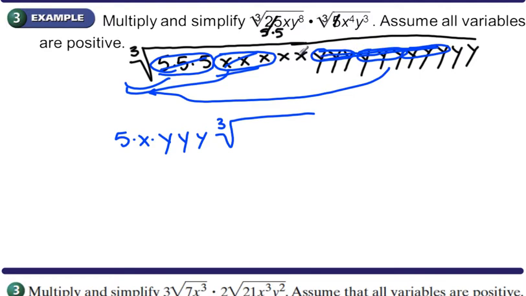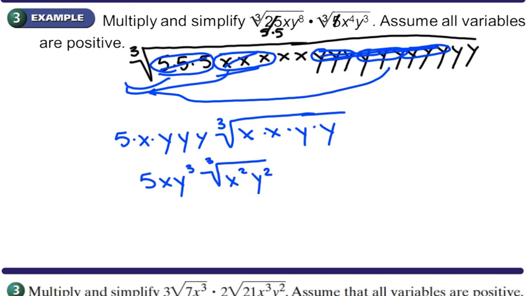So now we have x times x times y times y. All right, so on the outside, 5xy cubed, and then the cubic root of x squared, y squared. And that is your answer. There's nothing else you can do with this.